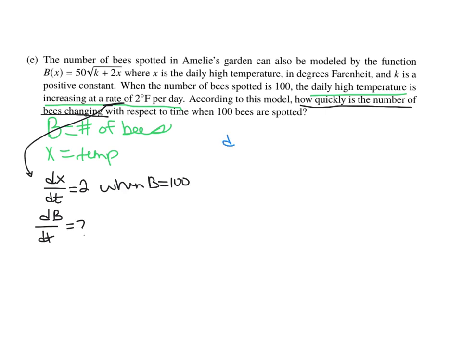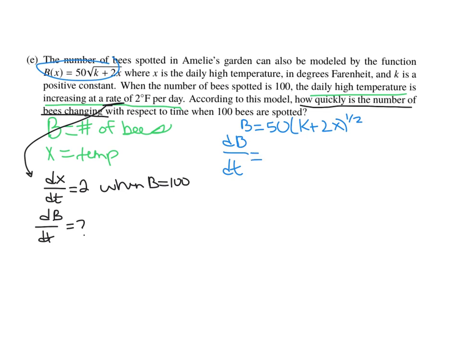So I'm going to take that original equation and I need to find the derivative with respect to t. Whenever I have a square root, I always like to rewrite it so that it's to the 1/2 power.